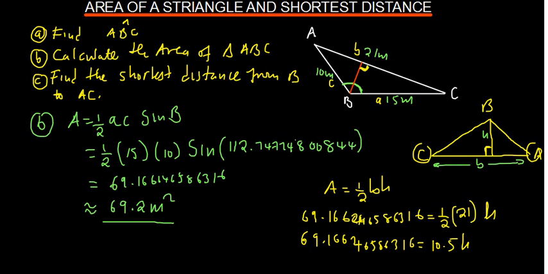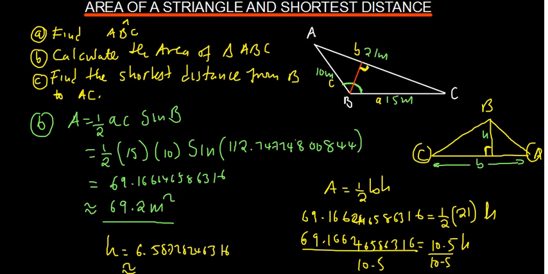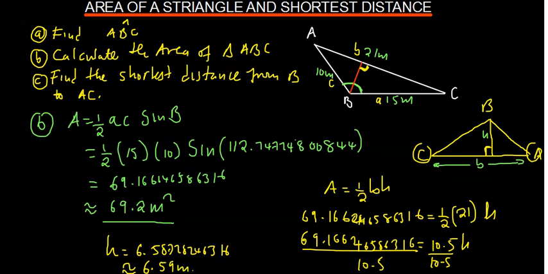So divide both sides by 10.5 for you to remain with the h. So h is going to give you, let's see what it gives us. It is going to give us about 6.5872824616, which we can round off to three significant figures to give the final answer as 6.59 meters. So this is the shortest distance.